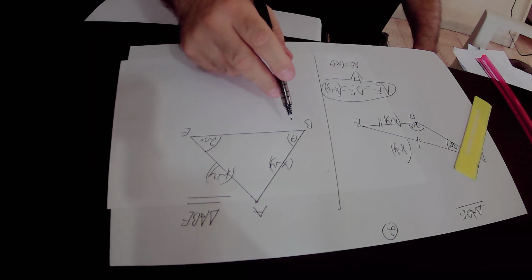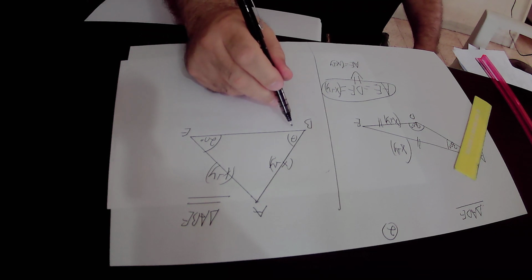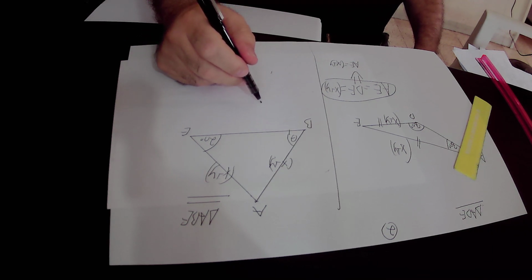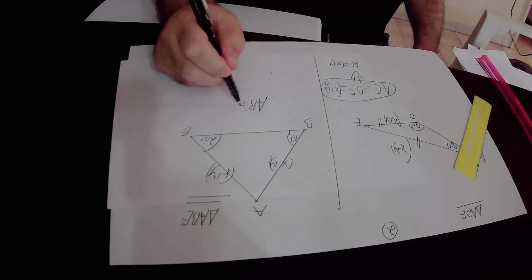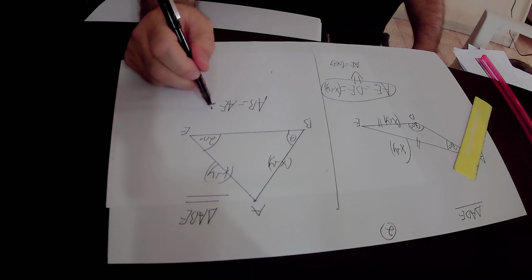Side AB equals X plus Y, side AE also equals X plus Y. Therefore those two sides are equal to each other because each of them equals X plus Y.